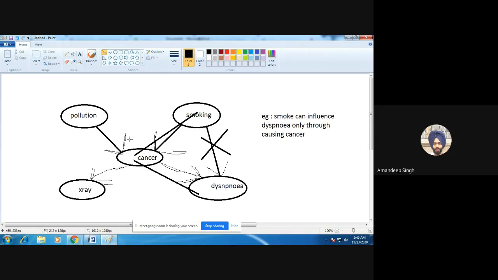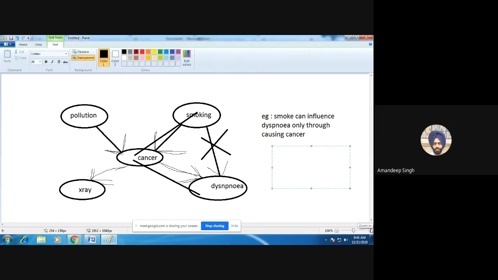Any Bayesian network in which we can find the Markov property, we can refer to that Bayesian network as an independence map also. Fine.